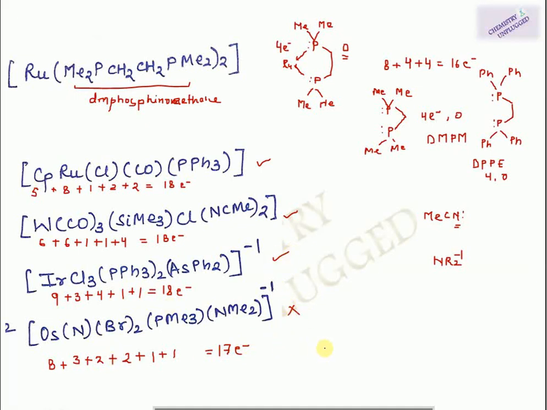So you can find out like this which complex is following the 18 electron rule or not. For this you have to know the number of valence shell electrons in the metals and the electrons contributed by the ligands. Then it is very easy.